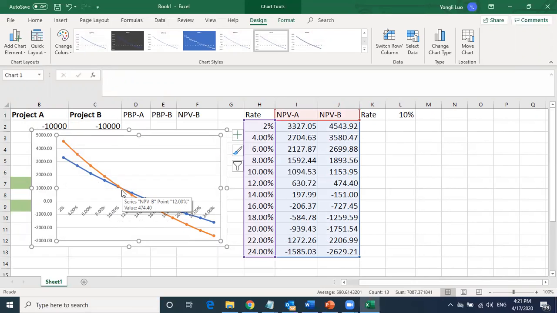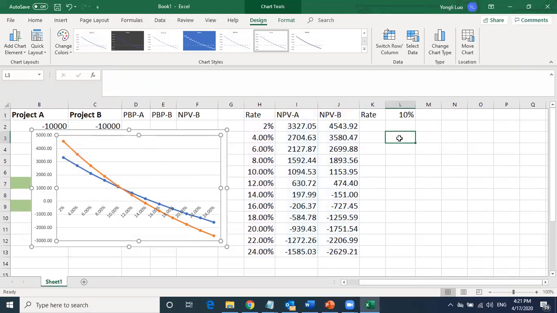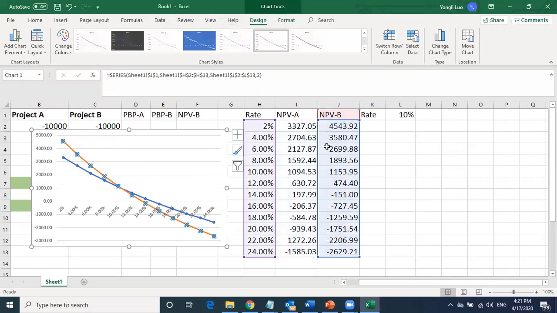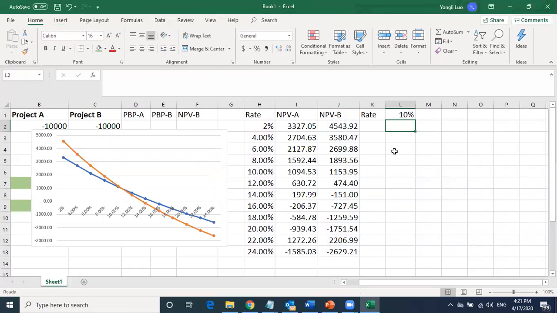And which project are you supposed to choose if they conflict? We need our net present value profile. This is project B, the orange one.